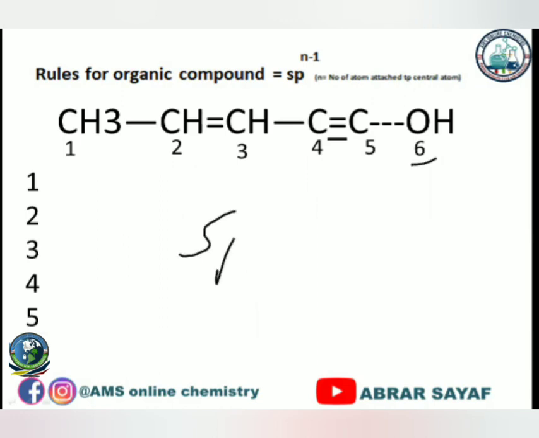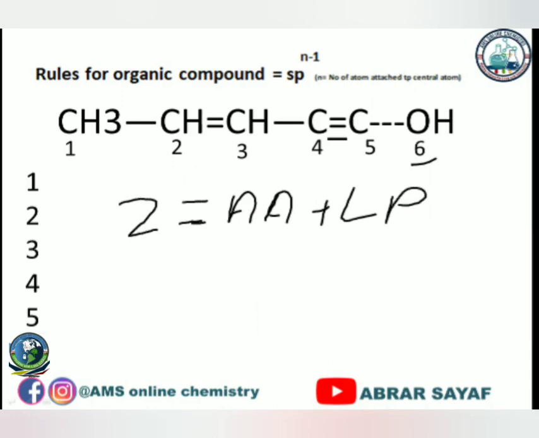For this we will use another formula, that is attached atoms plus lone pairs, as already discussed earlier. So how many atoms are attached to the oxygen? 2. One is hydrogen and one is this carbon.